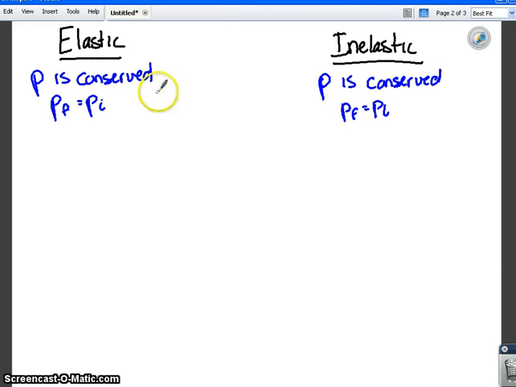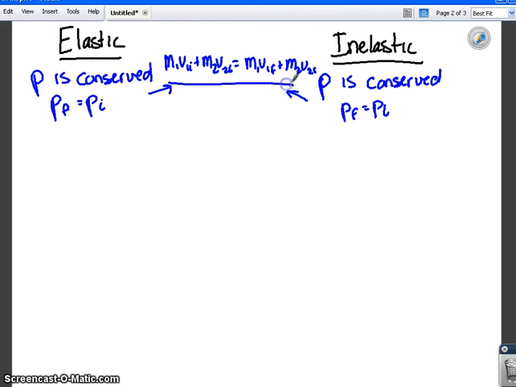So for both of these situations, we're going to use our m1 v1 initial plus m2 v2 initial equals m1 v1 final plus m2 v2 final. This is our equation. We use this for both situations. So that is momentum.